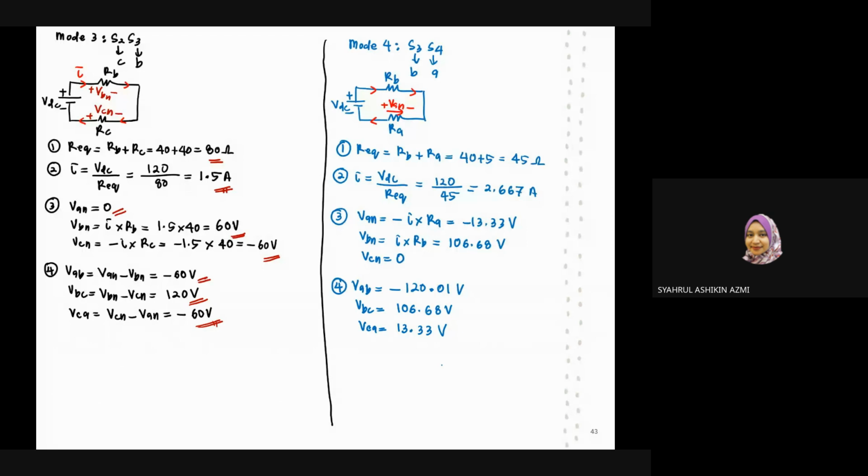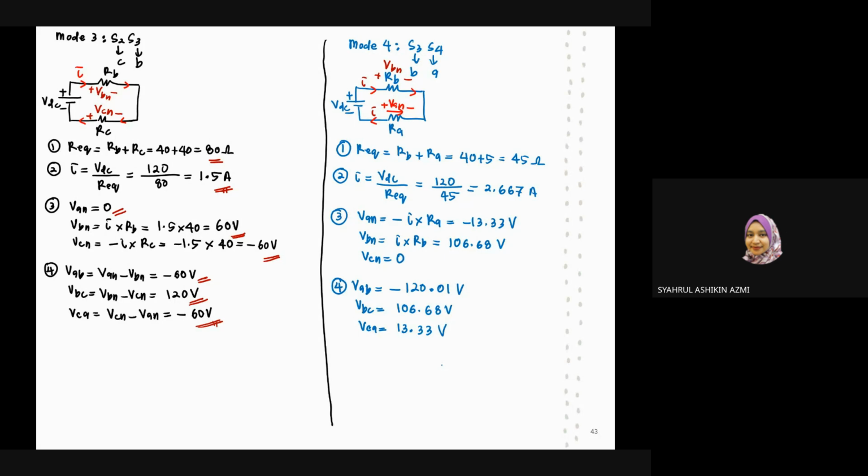Okay. So for mode number 4, the switches are S3 and S4. S3 is the upper switch for phase B, S4 is the bottom switch for phase A. Right. So R equivalent is RB plus RA. RB is 40 ohm, RA is 5 ohm.